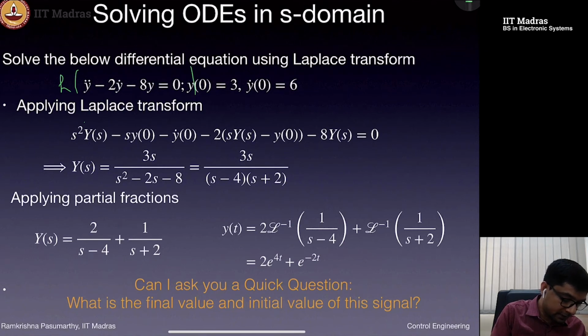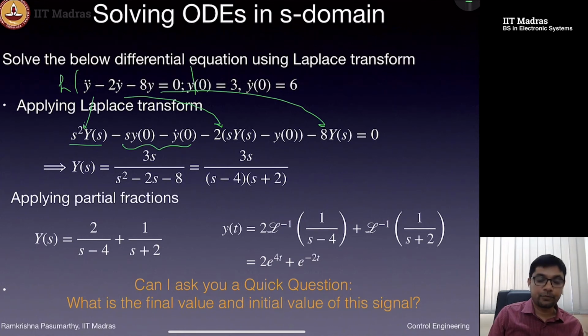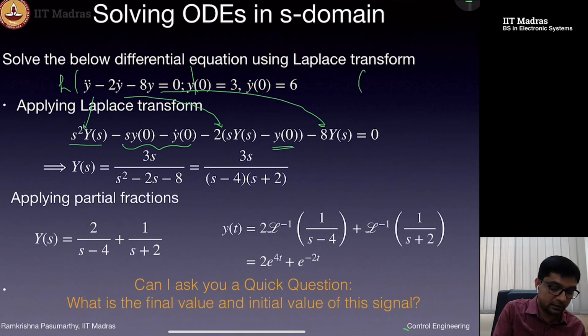So s square comes here, 2y dot comes here, 8 times y comes here, plus those conditions on initial conditions of the derivatives. So s y of 0 minus y dot of 0, here it will be minus y of 0. This is again just basic properties of Laplace transform, the Laplace transform of d2x by dt square.